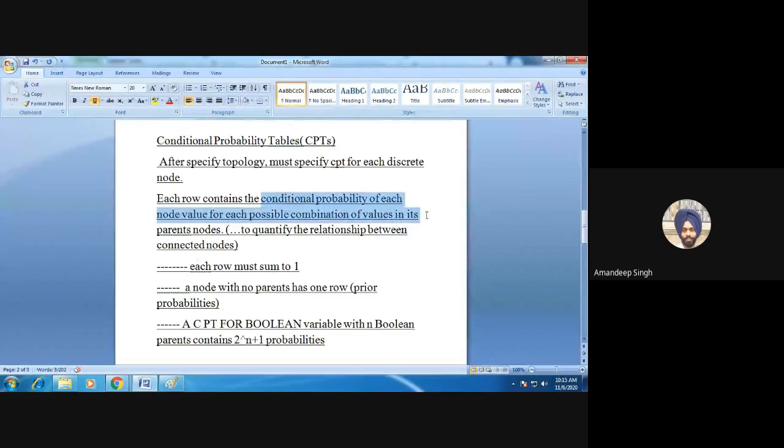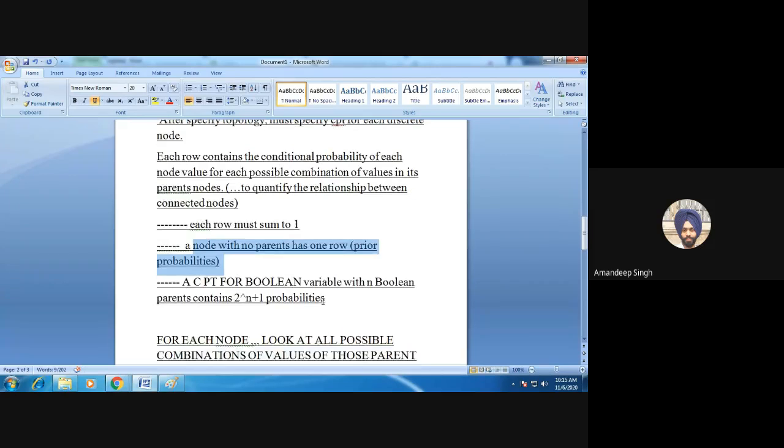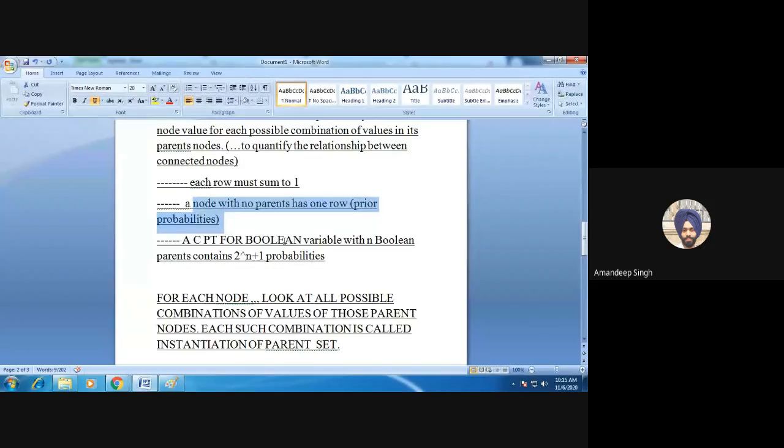Conditional probabilities for each node, and the total probabilities for each row must equal 1. The node with no parents will have only one row. And the CPT for a Boolean variable with n Boolean parents will contain 2 raised to the power n plus 1 probabilities.